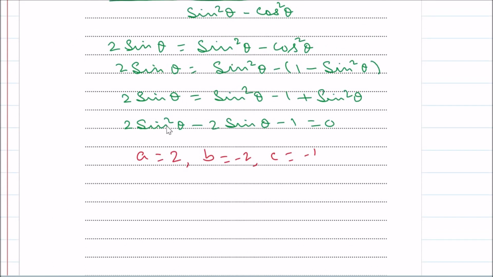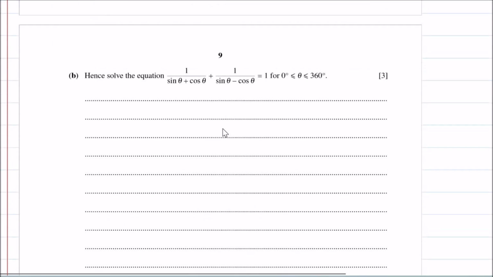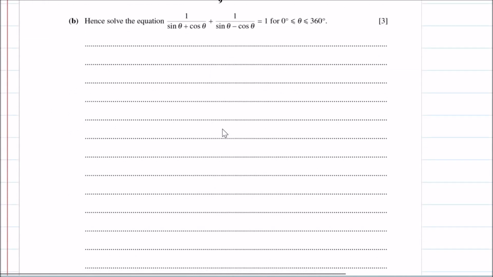So we have 2 sine square theta minus 2 sine theta minus 1 equal to 0. So let me write it here. 2 sine square theta minus 2 sine theta minus 1 equal to 0.